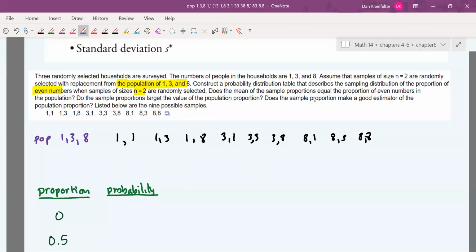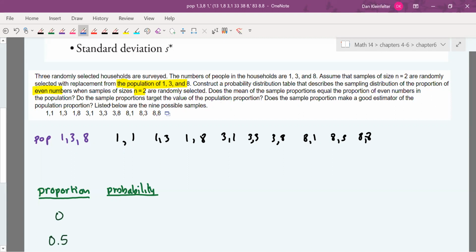And so it says we're going to take samples of size 2, and we're going to take them with replacement from that population. We're going to construct a probability distribution table that describes the sampling distribution of the proportion of even numbers when samples of size 2 are randomly selected. Okay, and then let me do that, and then we'll talk about the rest of the question.